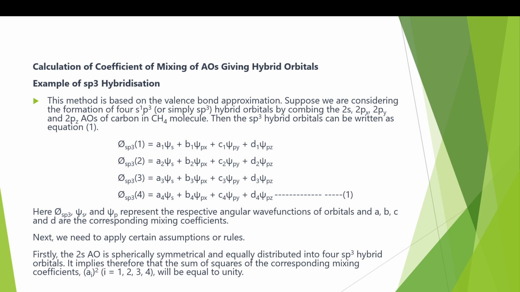Then we can write equation 1. We get 4 hybrid orbitals designated as ψsp3(1), ψsp3(2), ψsp3(3), ψsp3(4). Now how to get the values for these?